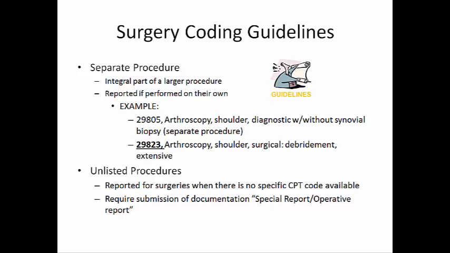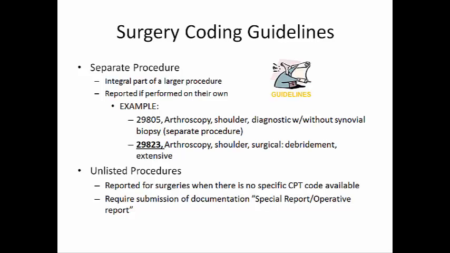So on this separate procedure, here's an example. If you had an arthroscopic surgical debridement and a synovial biopsy of the right shoulder performed on a patient who has a shoulder impingement, in this case you can see 29805 is the separate procedure, and 29823 is the arthroscopic shoulder surgical debridement that is extensive.